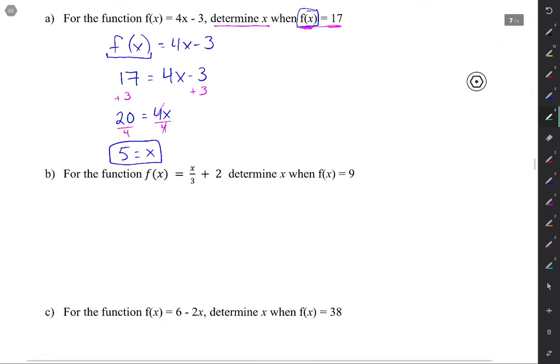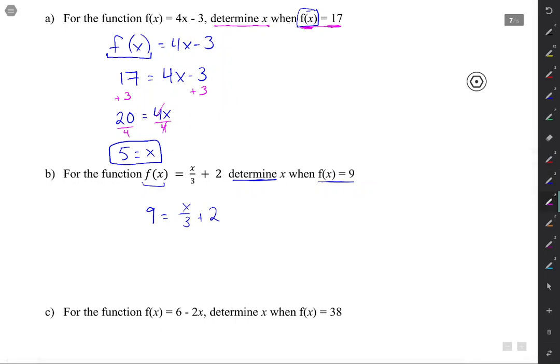So let's try again here. For the function f of x is equal to x over 3 plus 2, determine x when f of x is equal to 9. So instead of writing f of x, we are going to write 9 is equal to x over 3 plus 2. And again, we're back to grade 9 math, isolating that x.